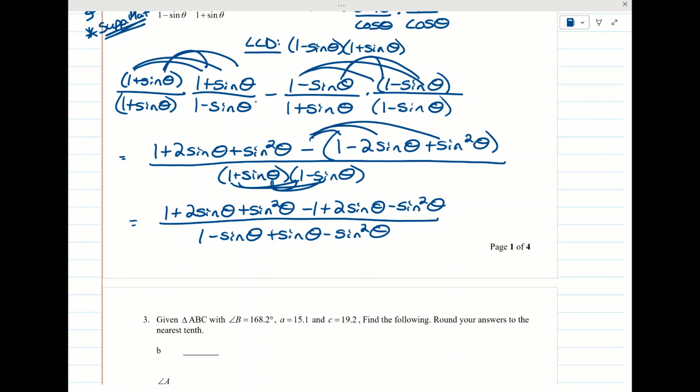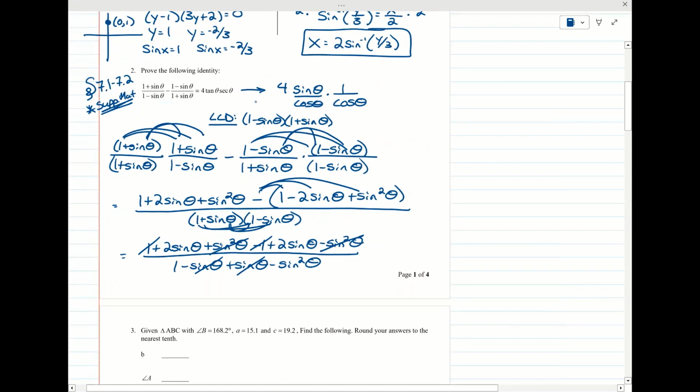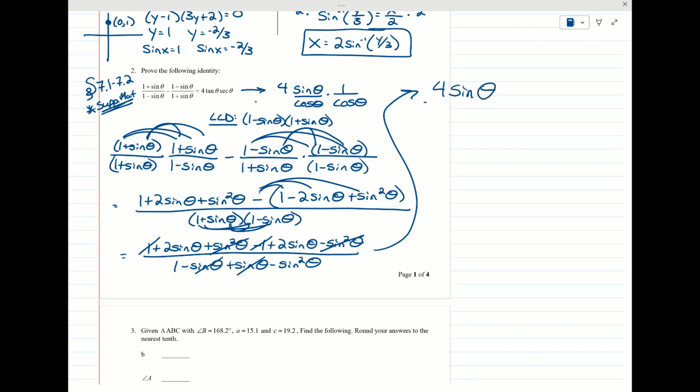All you have to do is distribute. These cancel. These cancel. These cancel. So what this turns into is 4 sine theta divided by 1 minus sine squared of theta.